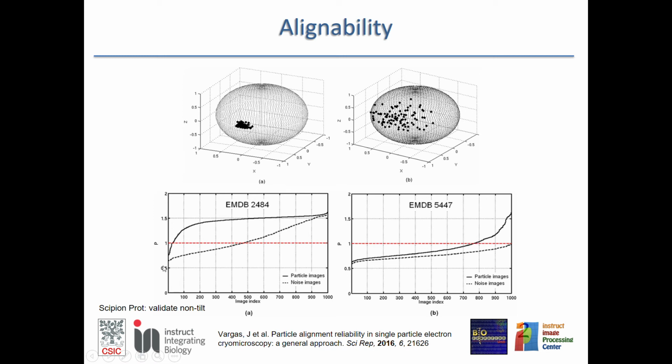For instance, here we have the comparison between these two HIV glycoprotein structures, and we see that for one of them the alignability of the particles is pretty good, while for the other one it is not so good. So that means that we have a tool to make sure that the structure that we have allows the alignment of the particles.